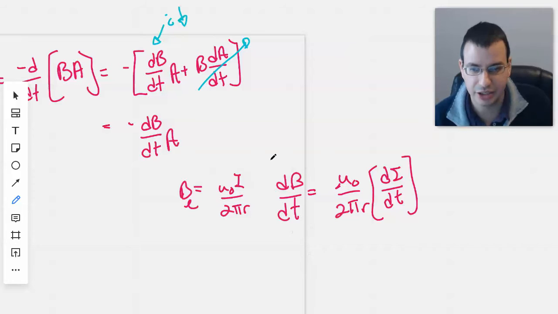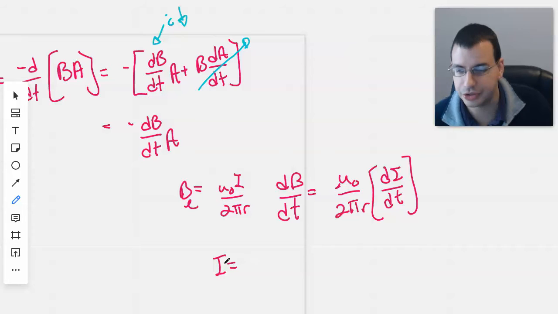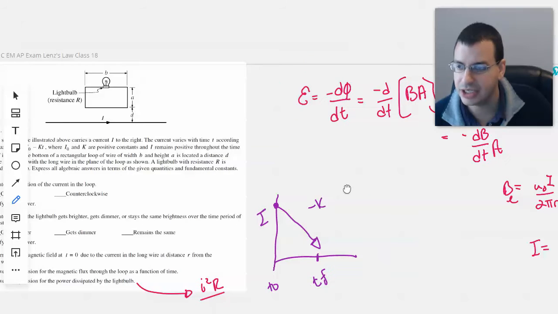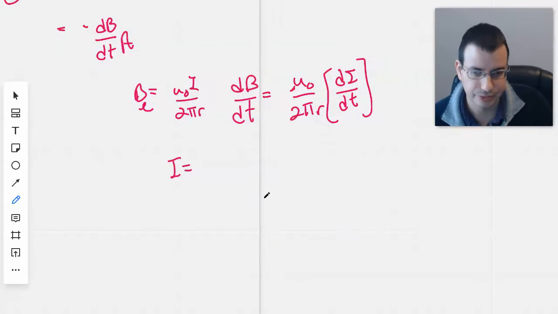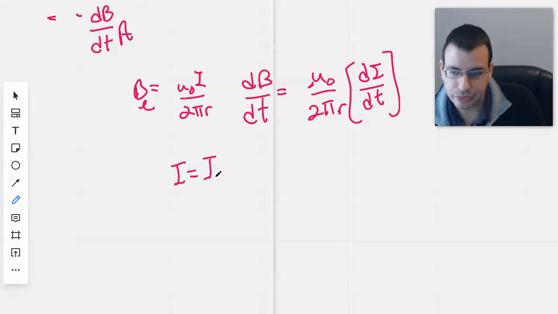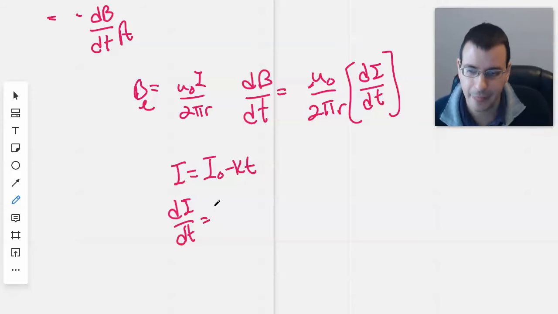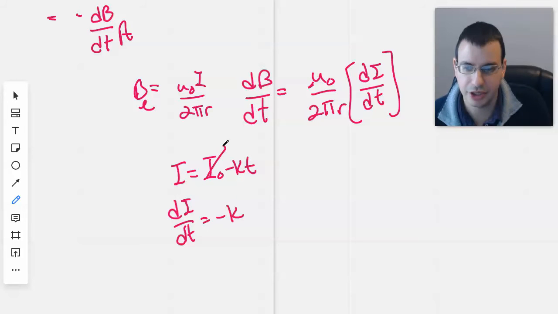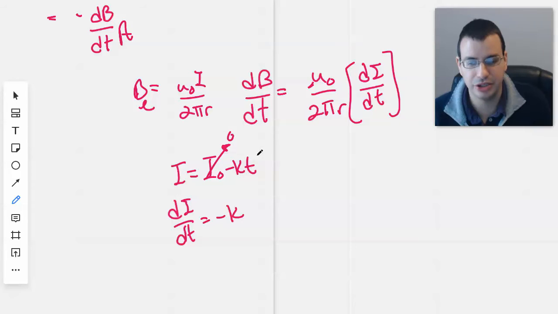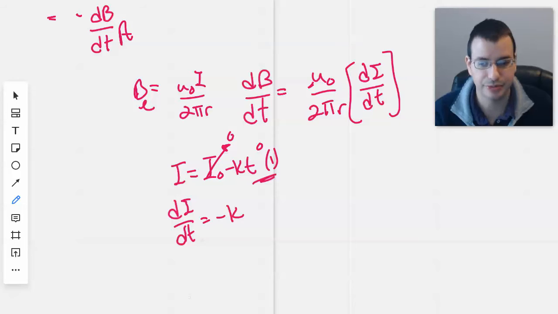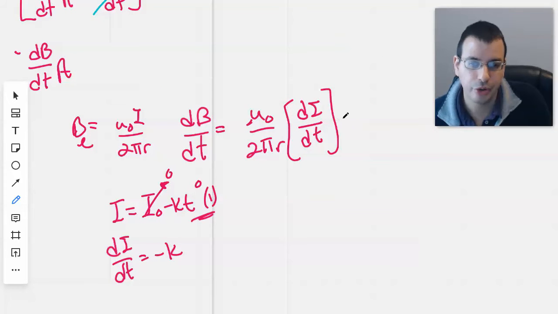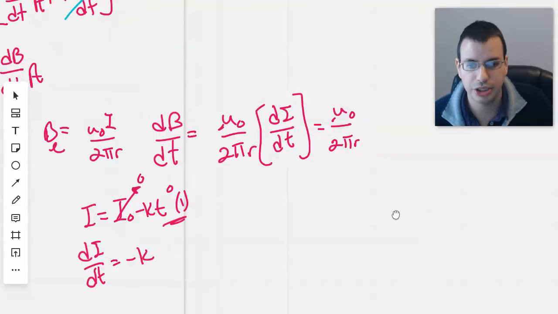And then di/dt, we know that I equals I naught minus kt. So di/dt, I know it feels like we've taken like 6 derivatives by this point, will be negative k, because that's a constant, goes to 0, and then t goes to t0 times 1, which basically means it disappears. So this gives us mu naught over 2 pi r times negative k.